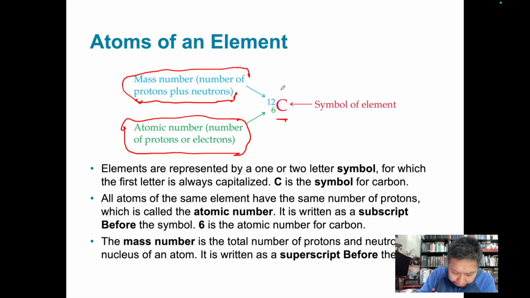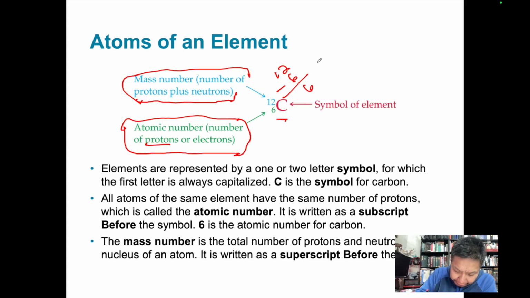So interestingly enough, if this is the number of protons plus the number of neutrons, and this is the number of protons themselves, what you can do is take this 12 here and subtract 6 for the number of protons, and that gives you 6.